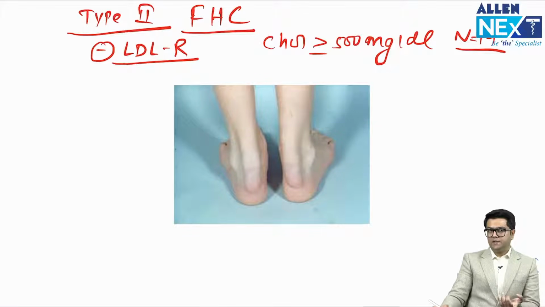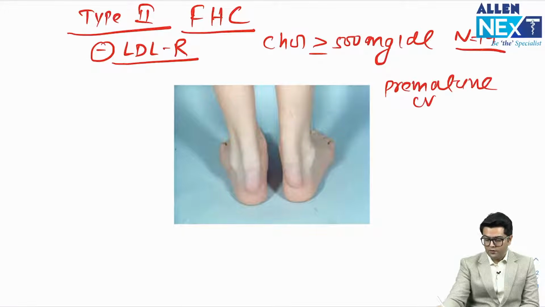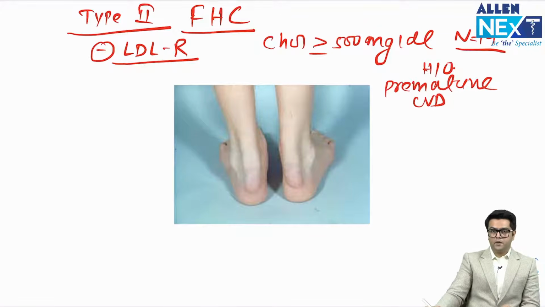See, in type 1 TGs are high, in type 2 TGs are normal, right? Cholesterol is very, very high. Because of such a high amount of cholesterol, this patient most commonly presents with premature CVD or a history of premature CVD. On examination you will find Achilles tendon xanthomas, which are very, very important, almost pathognomonic of type 2 hyperlipidemia. Fine.